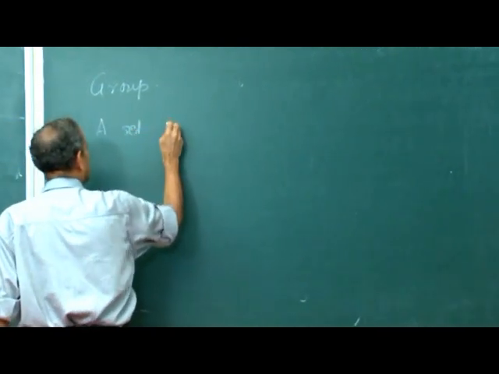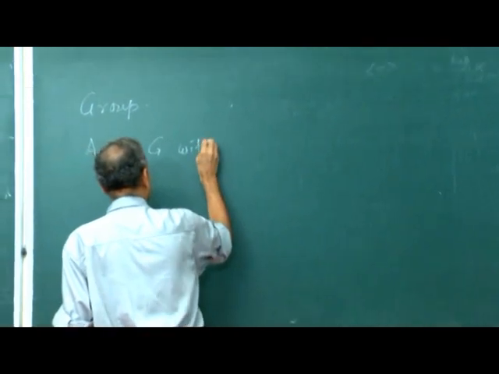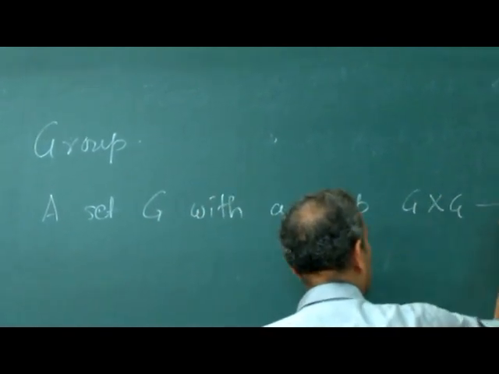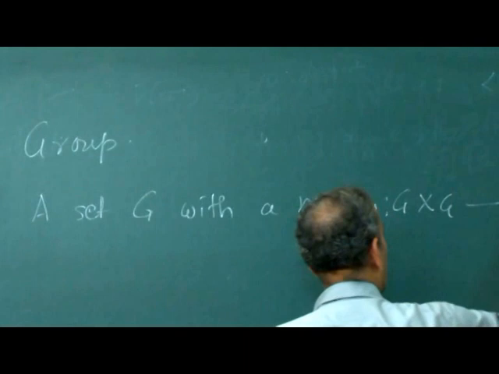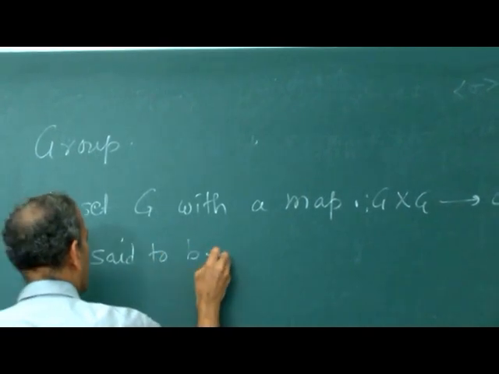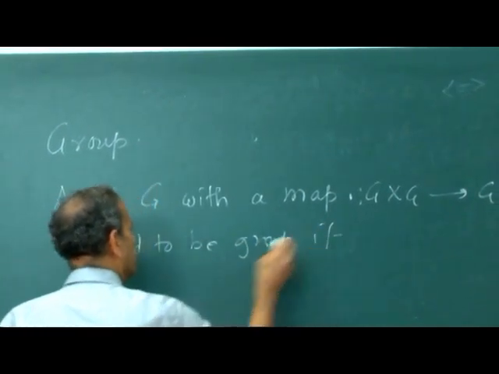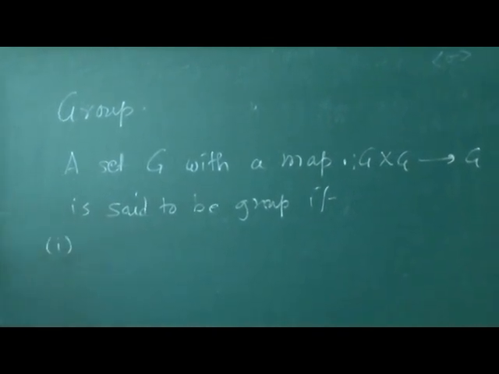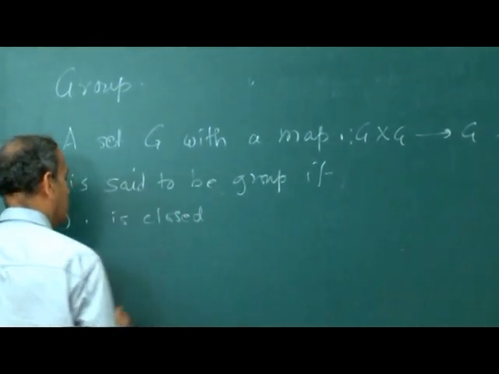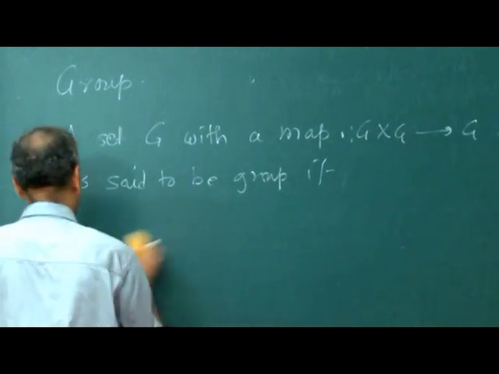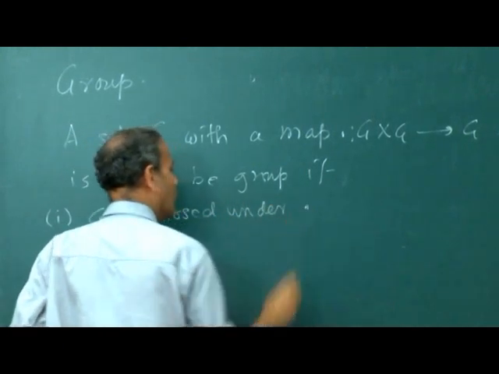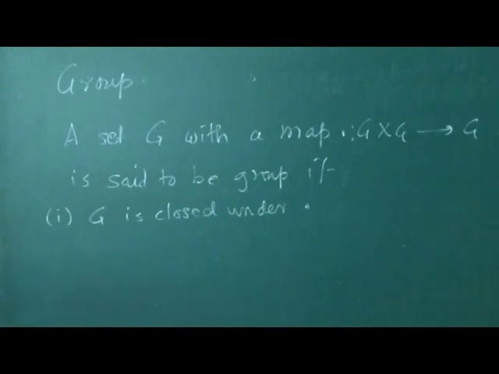The definition of a group is a set G with a map G cross G to G, which I'll call the operation, is said to be a group if there are four properties. First, this operation is closed, or G is closed under this operation.